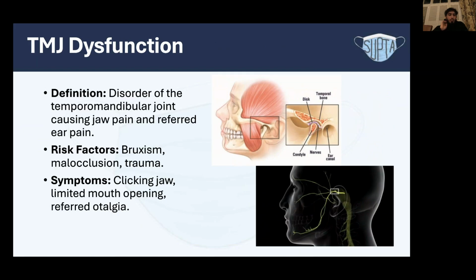We also have bruxism, which is, like we said, grinding, clenching of the jaw. Malocclusion, meaning that the teeth don't come together properly as we'd want them to. Sorry, these are risk factors for TMJ dysfunction, and also trauma as well.